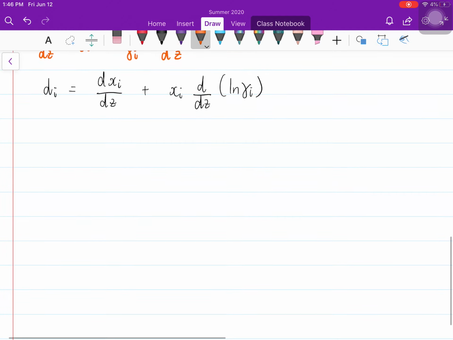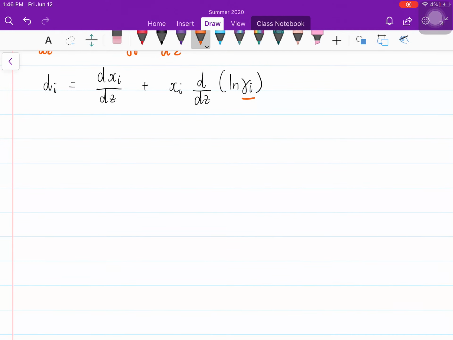As I mentioned before, the activity coefficient of a component is dependent on the molar fraction of the component, and the molar fraction is dependent on position.